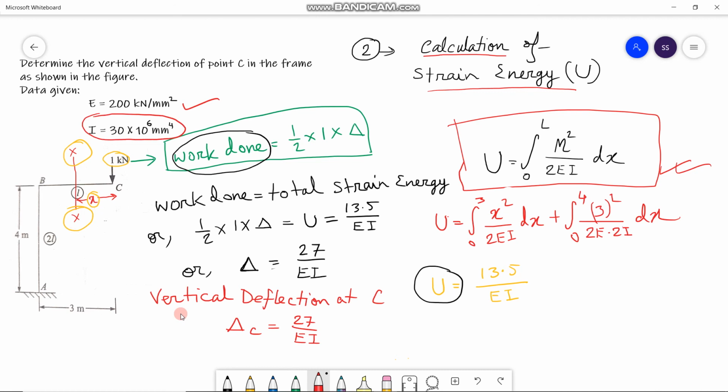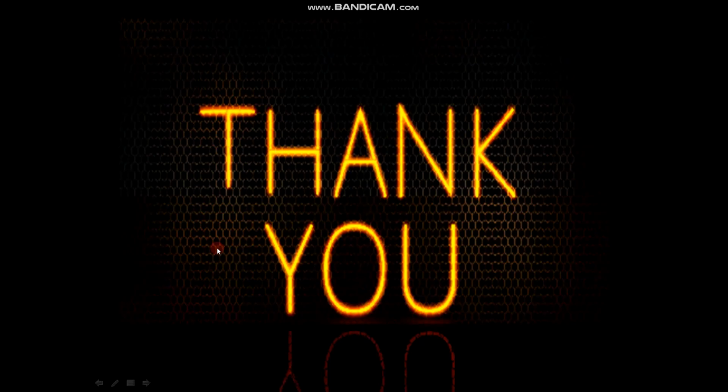Putting the values of E and I here, we have delta, that means deflection at C, equals 4.5 millimeter. So based on the calculation, we get vertical deflection at point C, that means delta C is equal to 4.5 millimeter. Thank you.